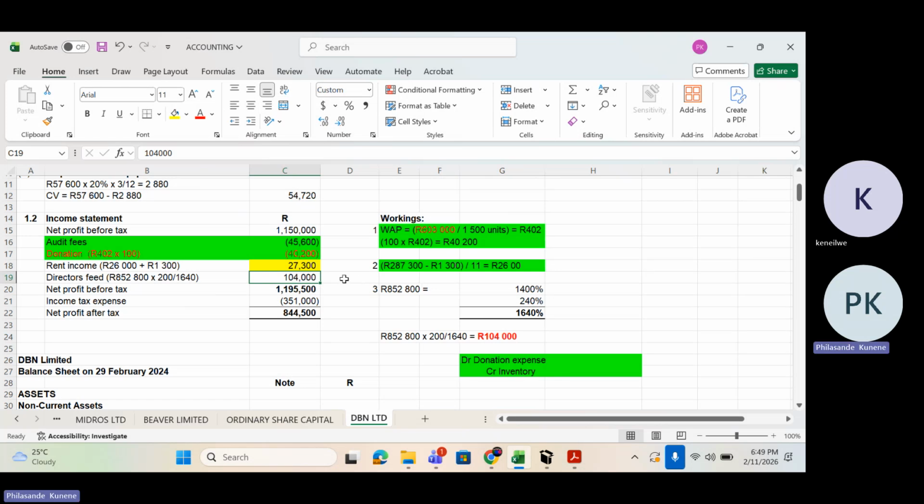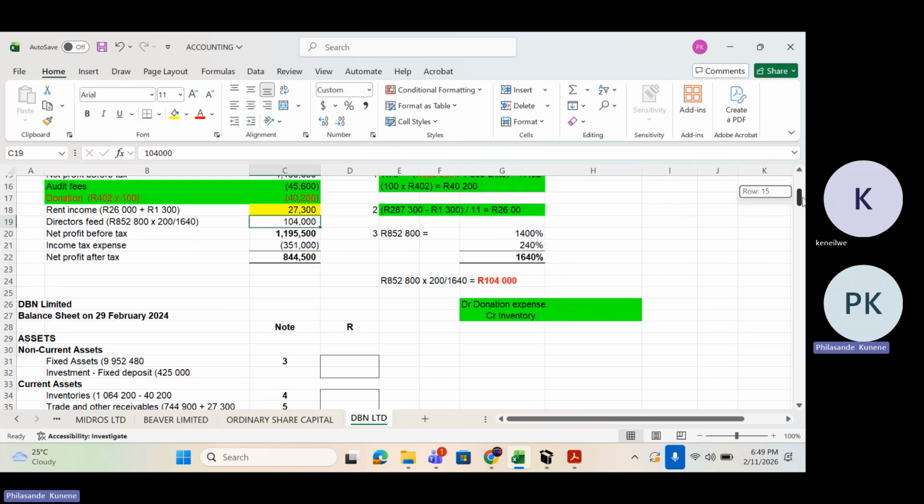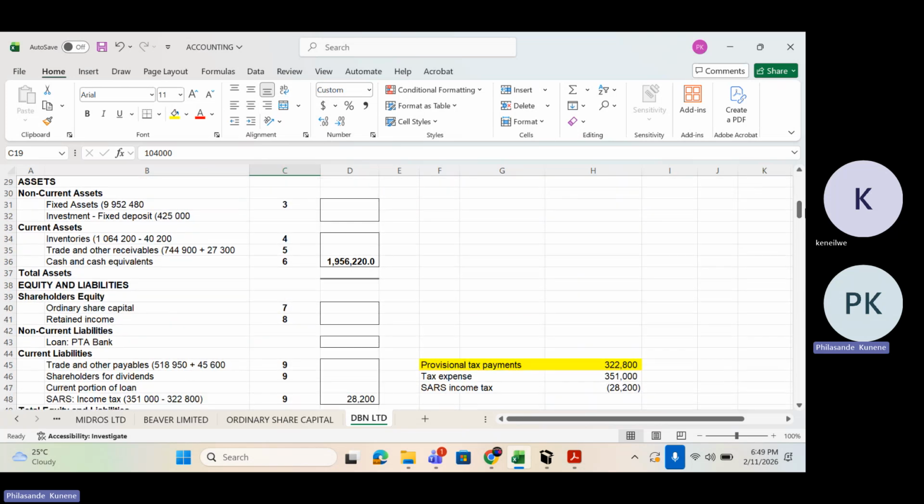We dealt with it in the income statement by adding back that 104,000. But when it comes to the balance sheet, is it going to be a liability or a receivable? A receivable. Definitely it's going to be a receivable because it is something that was received in advance.